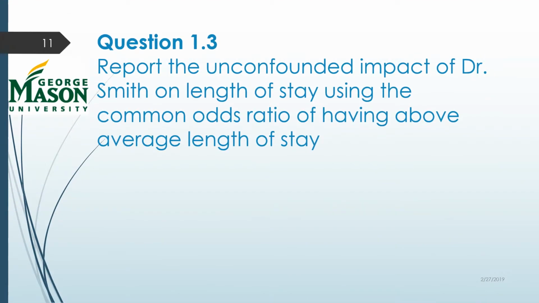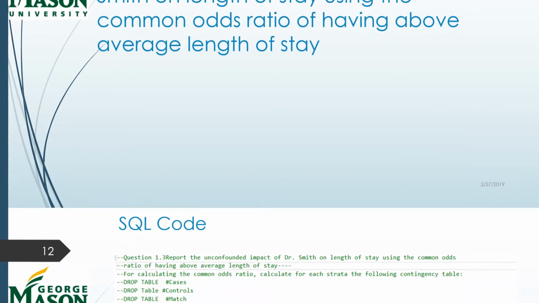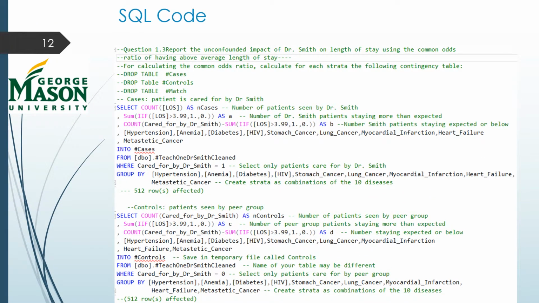Question 1.3 is asking to report the unconfounded impact of Dr. Smith on length of stay using the common odds ratio of having above average length of stay. I also used SQL for this question. Select count of length of stay as n cases, and I keep the result in a temp table called cases, where care provided by Dr. Smith equals 1.